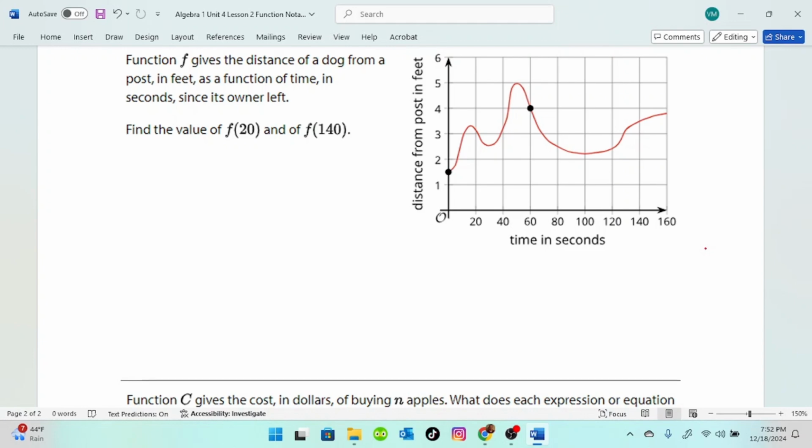So, let's make sure we understand a couple of things. Anytime we see "as a function of," that is, output is a function of input. And we can see from the labels here, our output is distance.